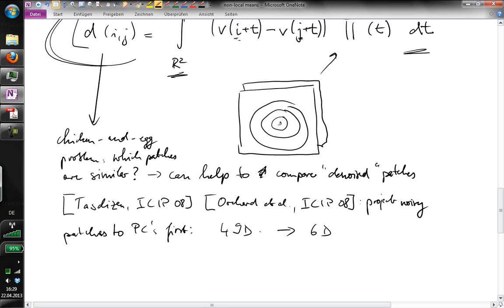And you kill two birds with one stone. Namely, on the one hand, this gives you improved results, and it gives you a speed up at the same time. Simply because computing distances in 6D is faster than computing distances in 49D.